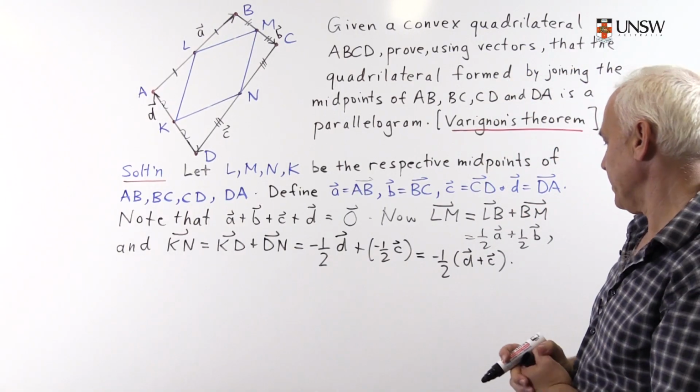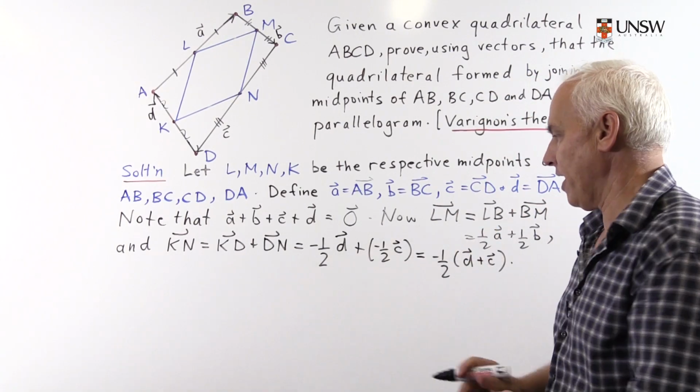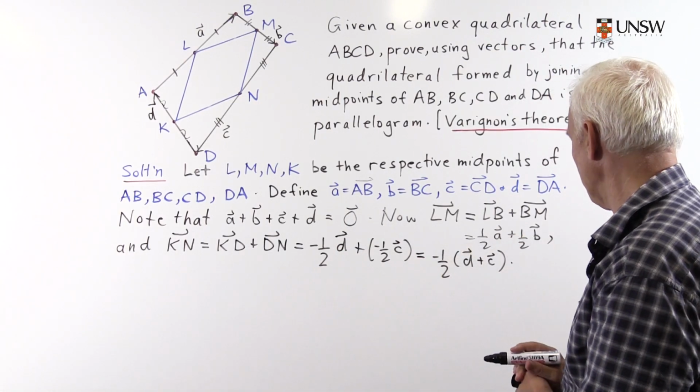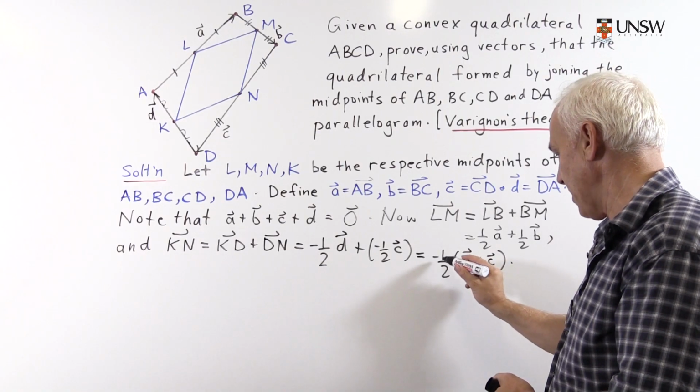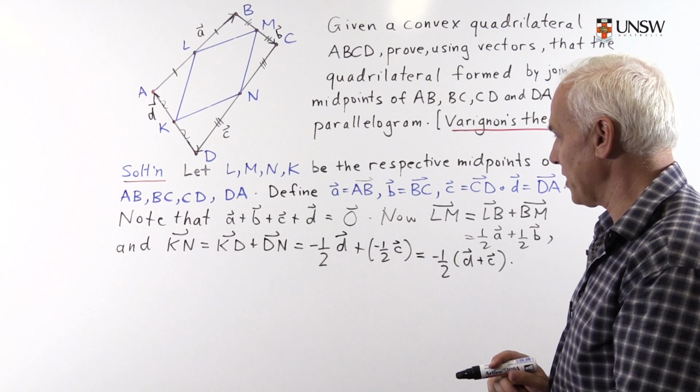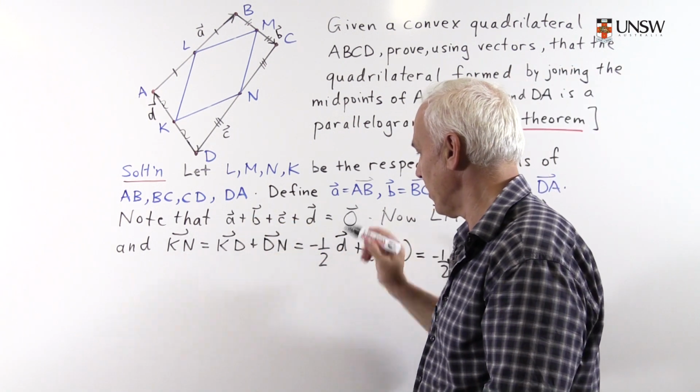All right, so now we can ask, why is it that LM equals KN? How can we see that 1/2 of a plus 1/2 of b is equal to minus 1/2 of c plus d? Well, it's because of this relation here.